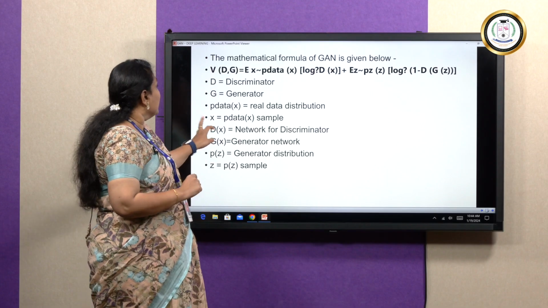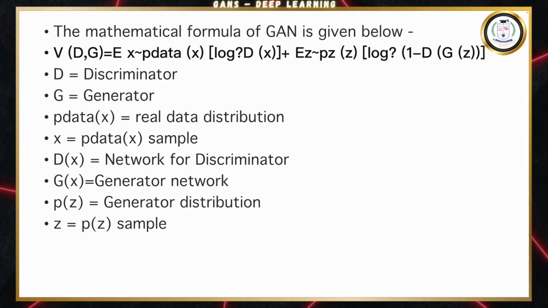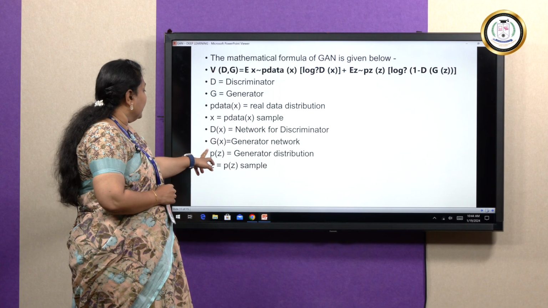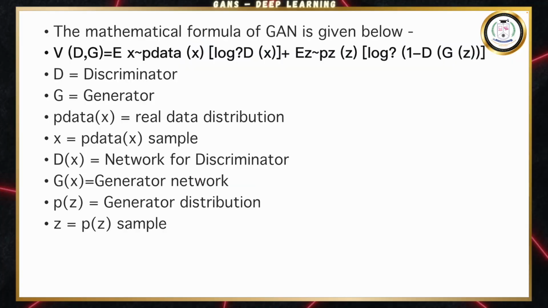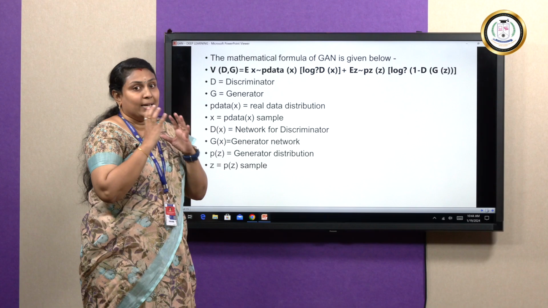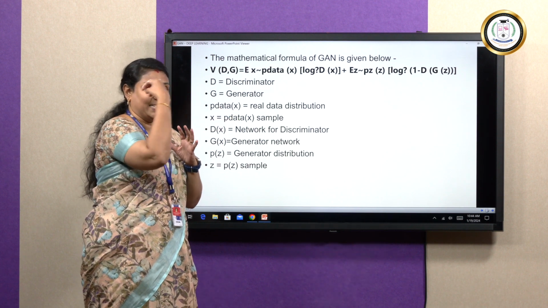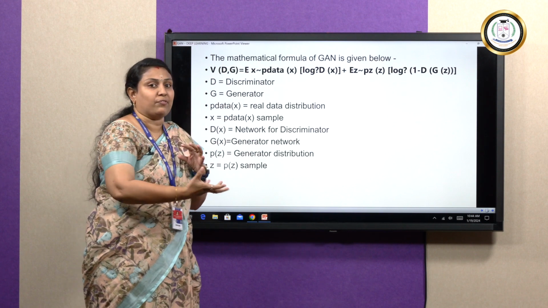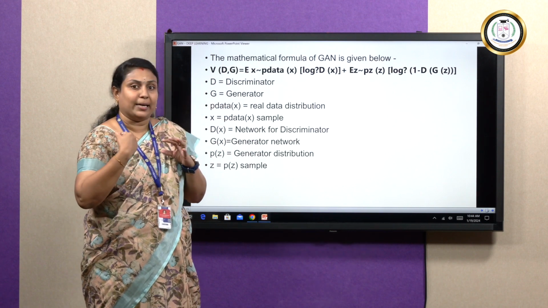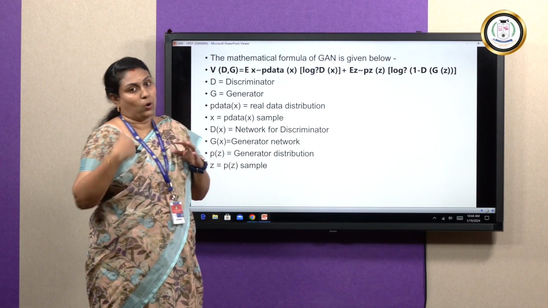D of X is the discriminator network and G of X is the generator network. P of Z is the generator distribution, and Z is sampled from P of Z, that is the output which we are going to create, and the discriminator finds whether the data given by the generator is real or fake.